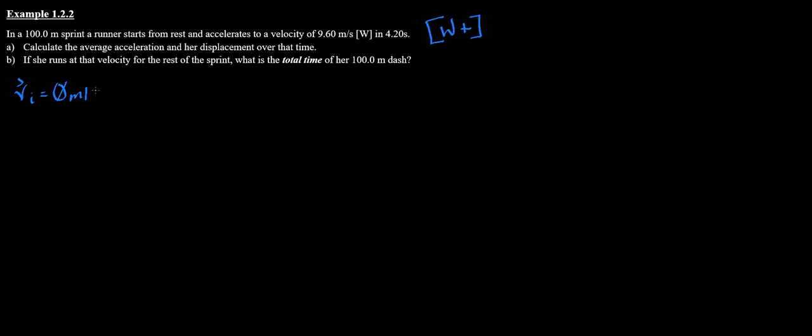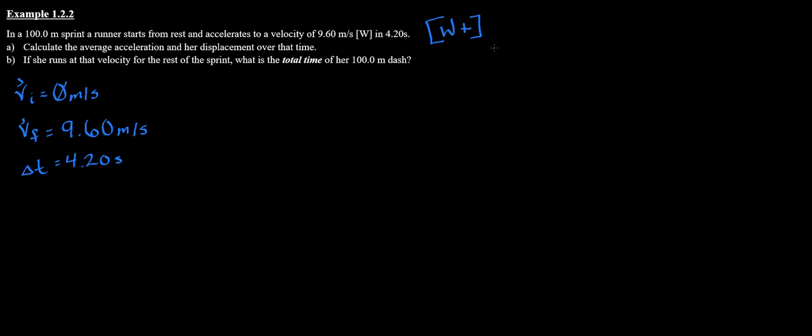And she accelerates and gets to a velocity of 9.60 meters per second, so that's going to be her final velocity. Because it's in the west direction, that's what makes me know that velocity is going to be positive. And then the time that it takes her to do so is 4.20 seconds.